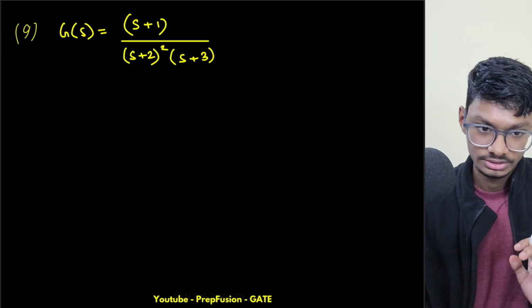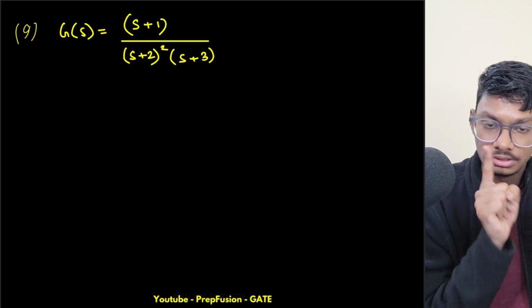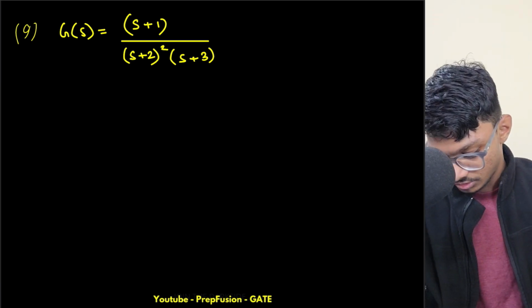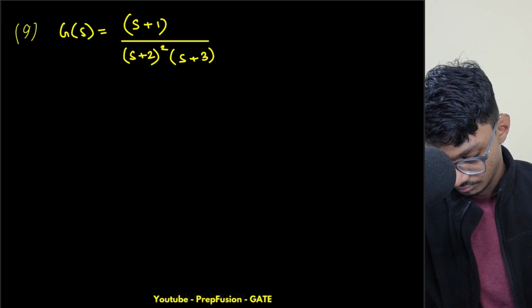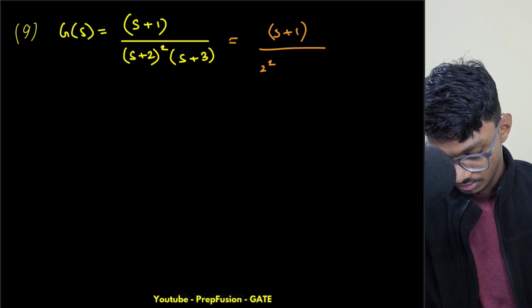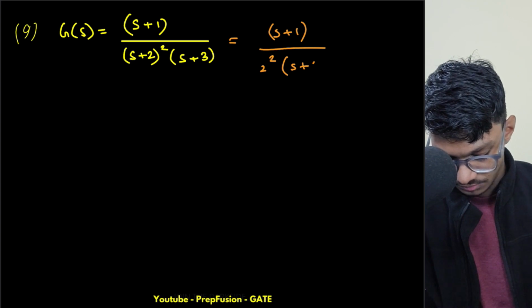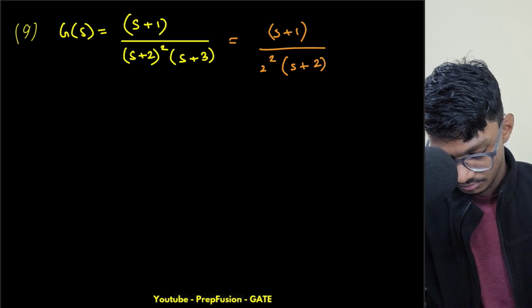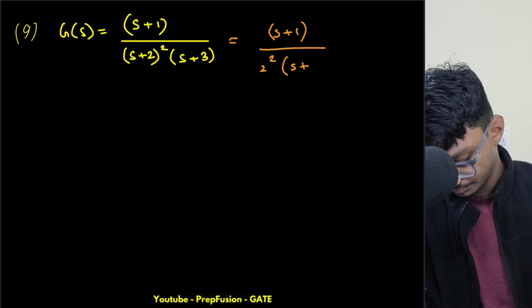Now from the conclusion we can solve. Let's first convert this into the normal time constant format. So I will convert this into the general time constant format. S plus 1 divided by 2 square into S plus 2. Oh, sorry, I'm taking 2 common.